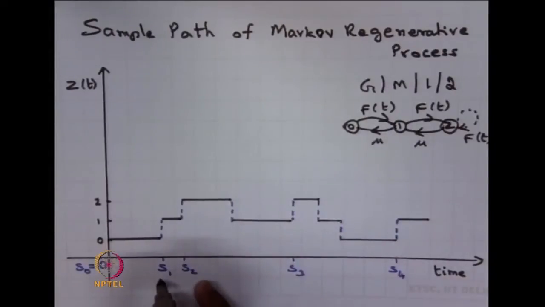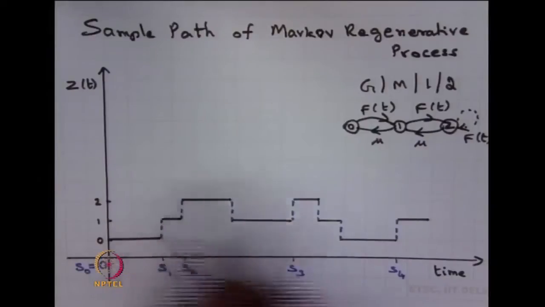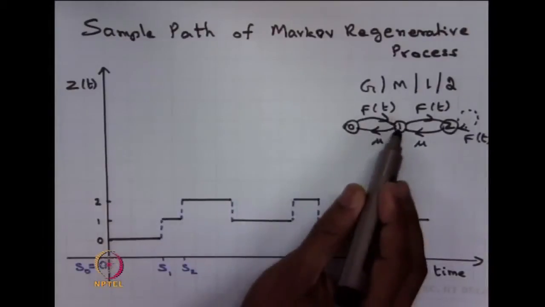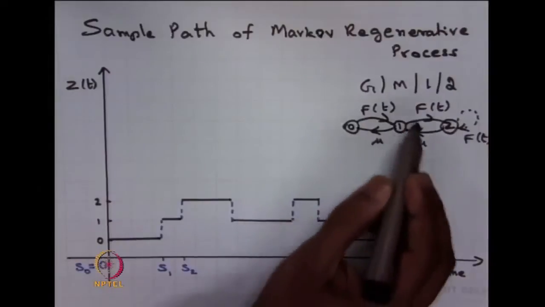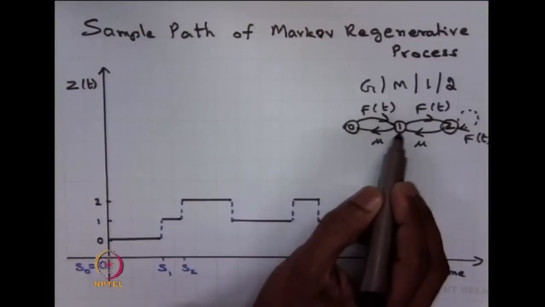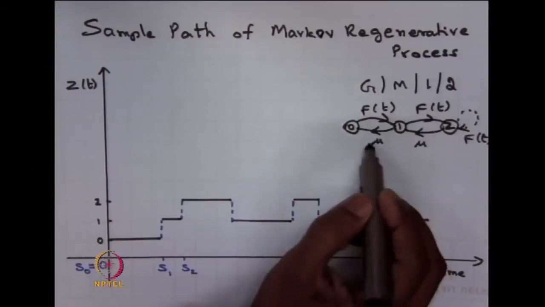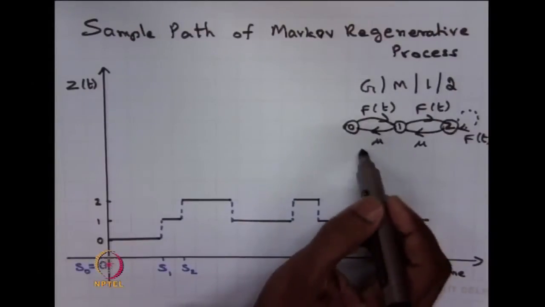At time instant S1, the first arrival enters the system. Therefore, the system size is now 1, so the system moves to state 1. Now, there are two possibilities. Either the service would have been completed before the next arrival, or the next arrival occurs first, before the service completion of the first customer who is under service.